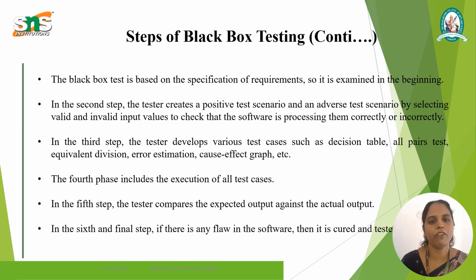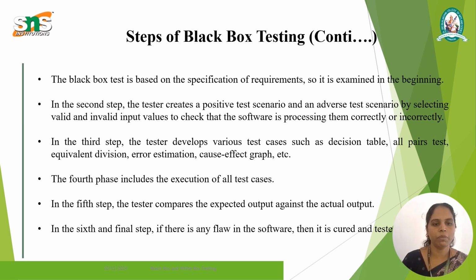So what are the steps for black box testing? It is based on the specification of requirements, so it is examined in the beginning. In the second step, the tester creates a positive test scenario and an adverse test scenario by selecting valid and invalid input values to check that the software is processing them correctly or incorrectly.